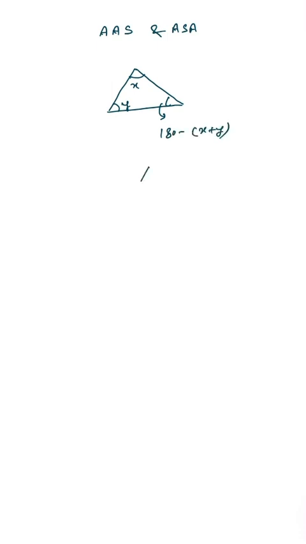Now, one most important thing we will discuss here: there is another criterion, that is AAS, and ASA. We will try to establish the relationship between them. We know that in a triangle, if two angles are equal, the third angle is going to be equal as well. Suppose in the given figure we have x and y, then the third angle will be 180 minus (x plus y).